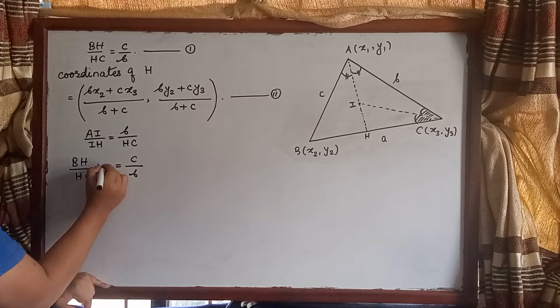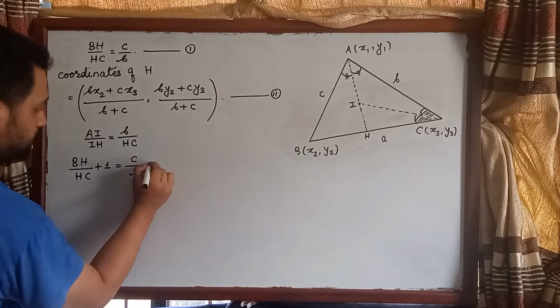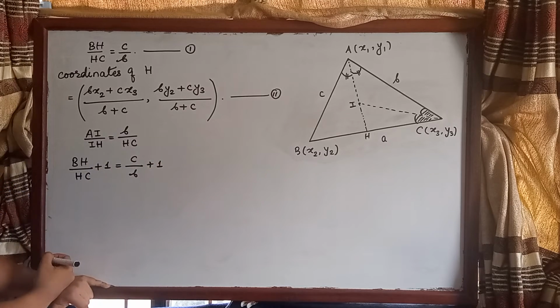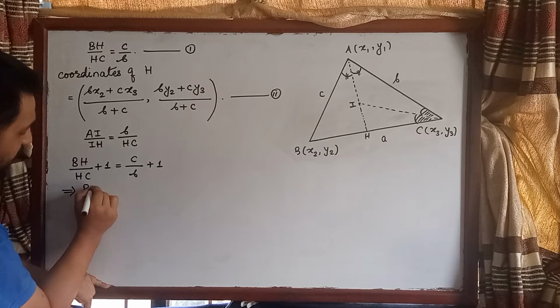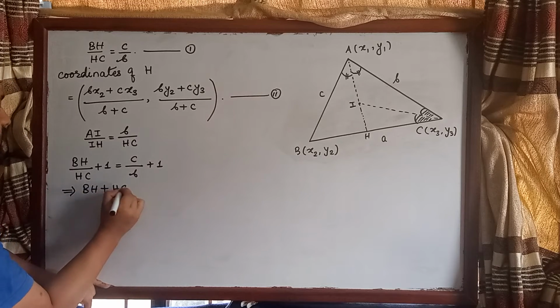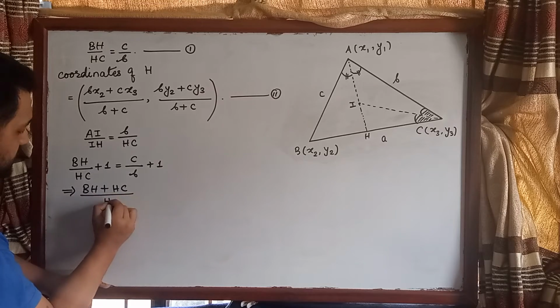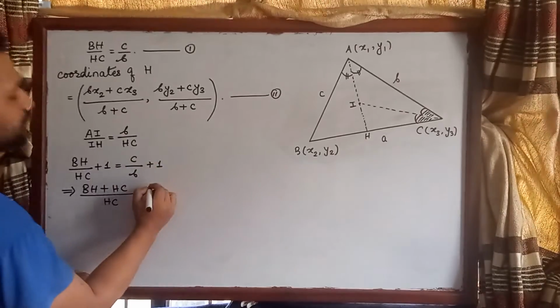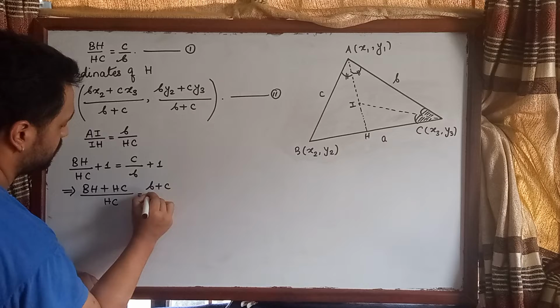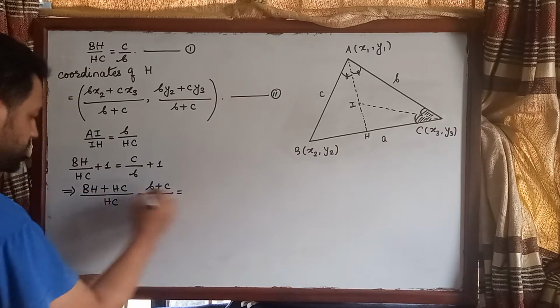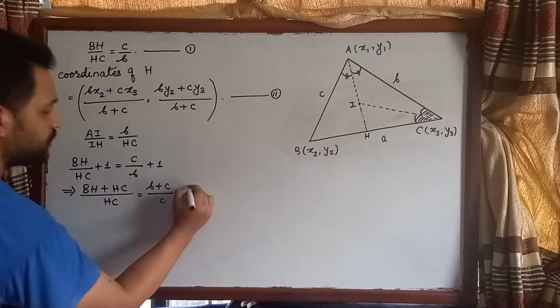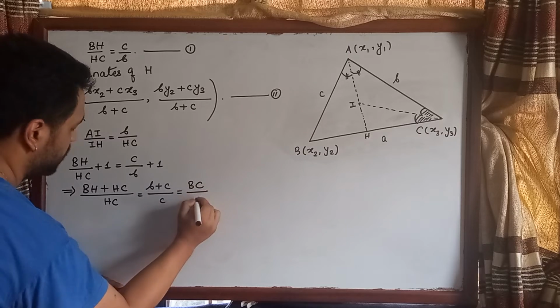So if we add plus 1 like this, then we'll be getting BH plus HC over HC is equal to B plus C over C. All right? Now, BH plus HC is equal to BC, so we have BC over HC.